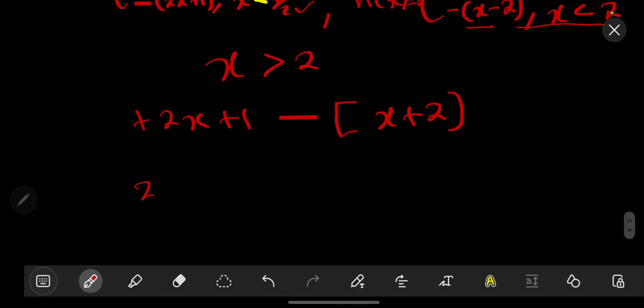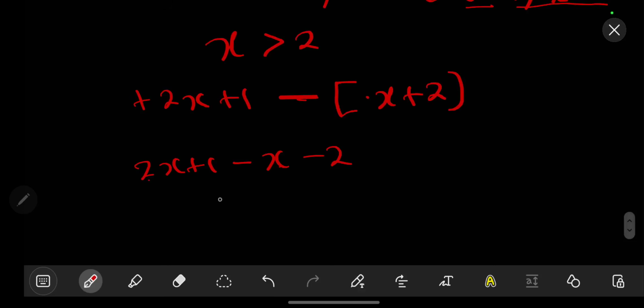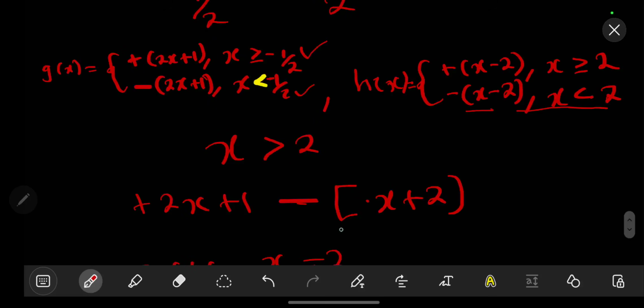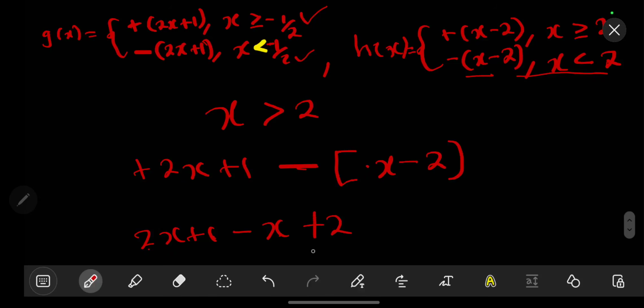Then we are going to get a 2x plus 1, then open the brackets, we are going to have minus x minus 2. So our 2x minus x gives us x, 1 minus 1, positive 1 minus 2, this will give us, the equation is minus, so here negative, then here positive.